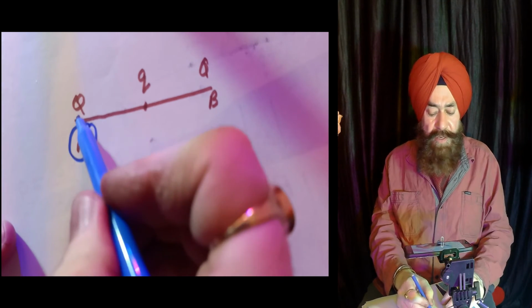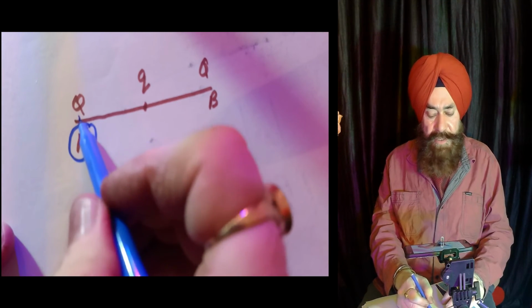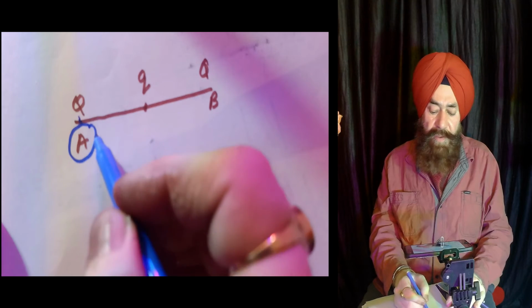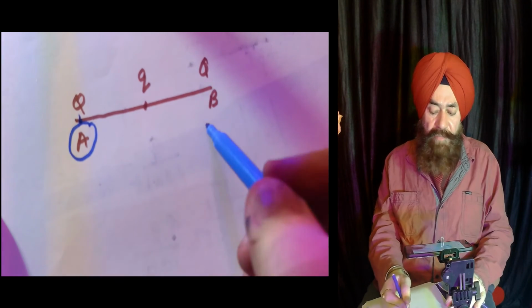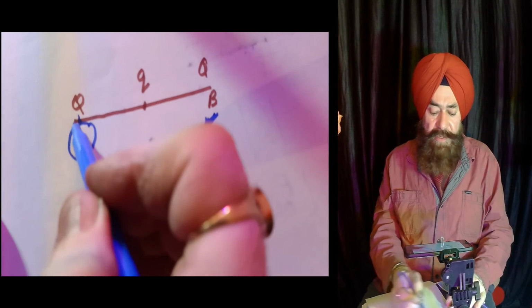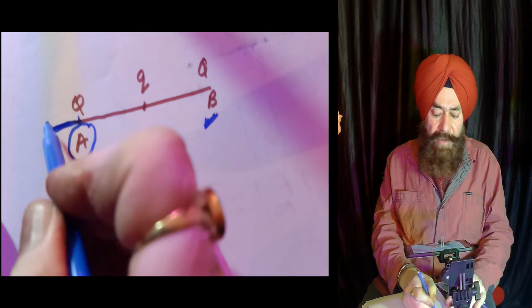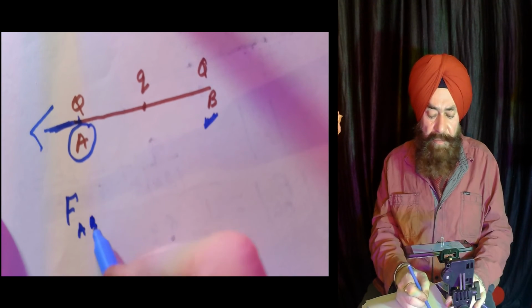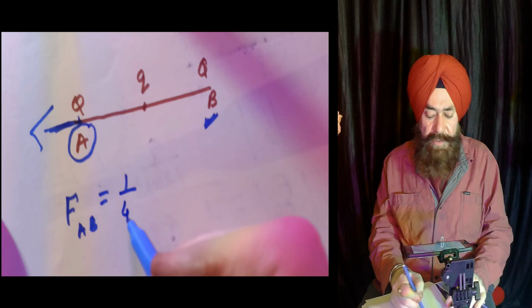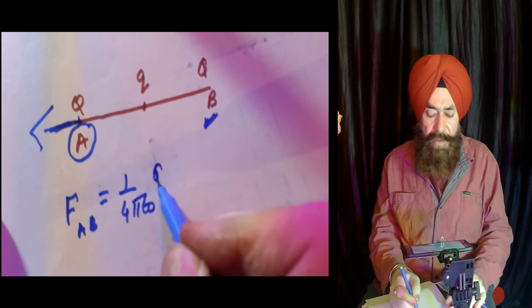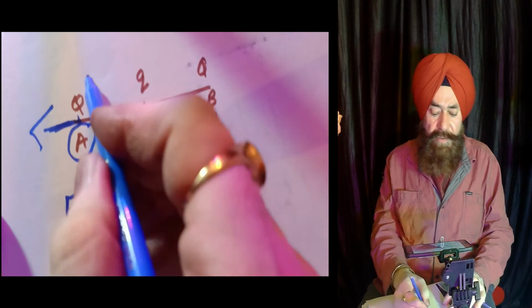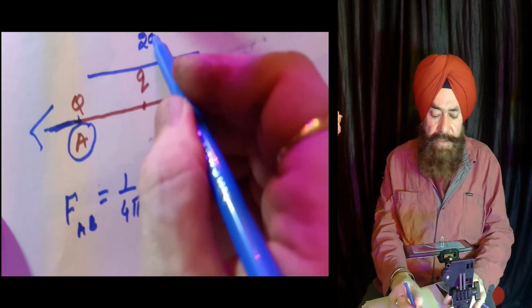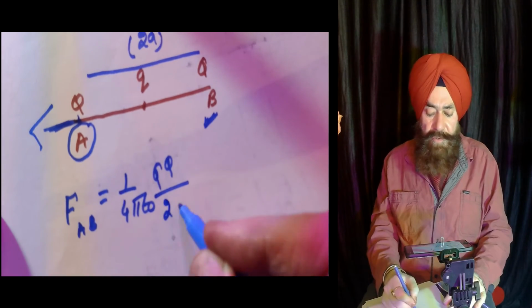Let's concentrate on the charge which is at E. The force on it because of this charge, capital Q, will be along this side. So FEB is constant Q into Q upon total distance 2A whole square.